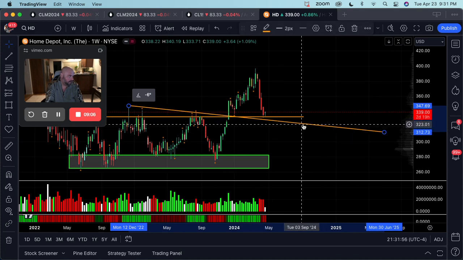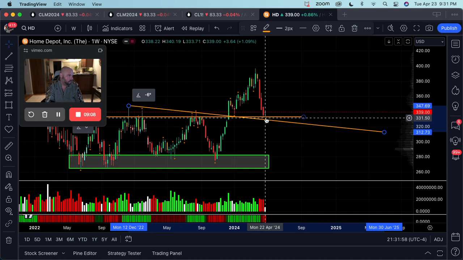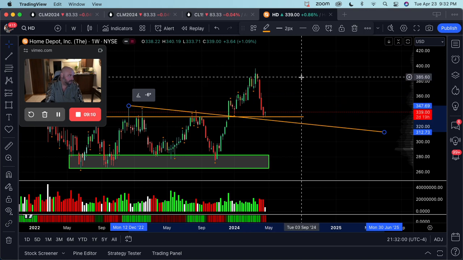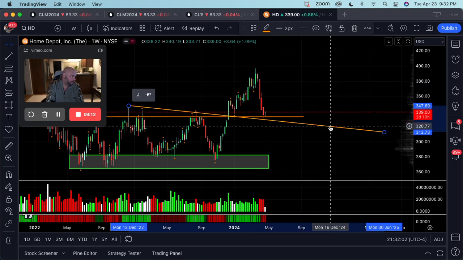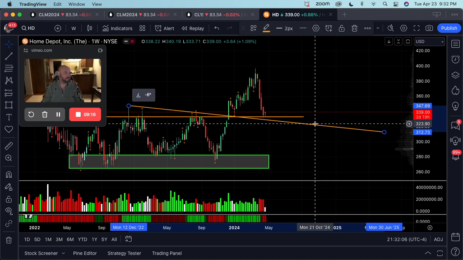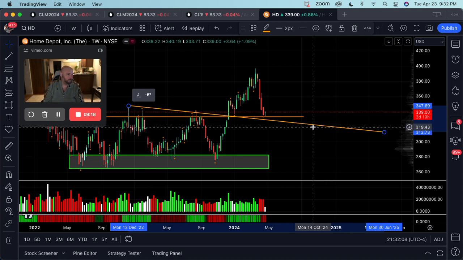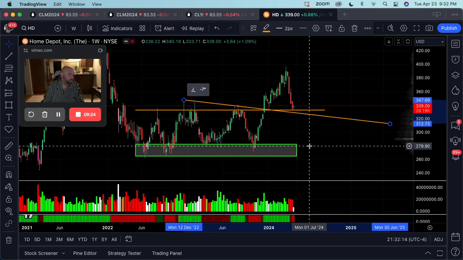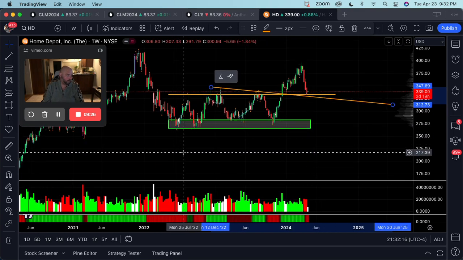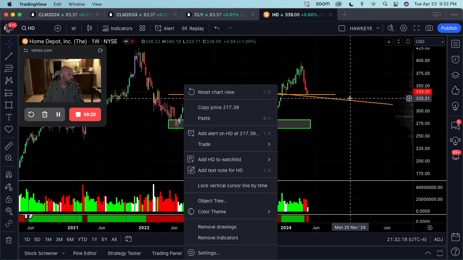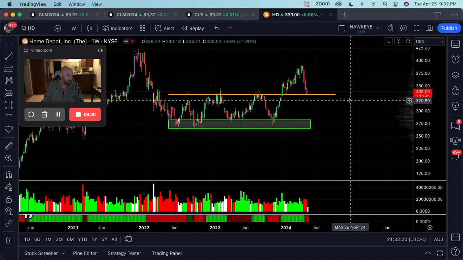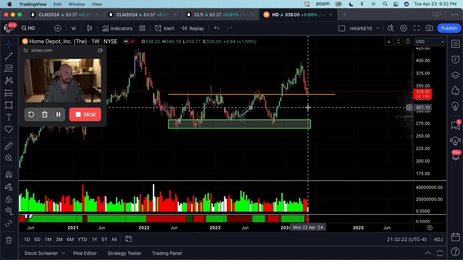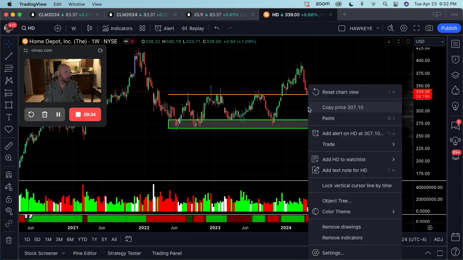It continues to get lower, lower, lower. So if we take a big bounce back up here, we set a lower high, and then we go to set a lower low, our expectation would probably be a test of this trend line. Makes viable sense.